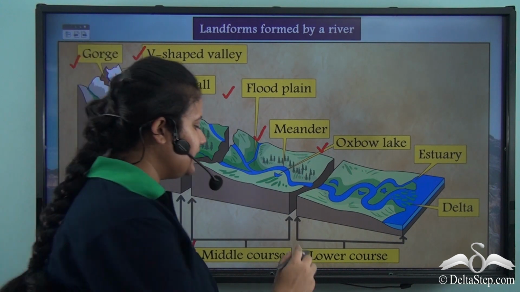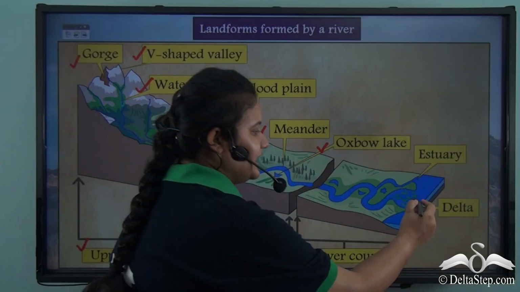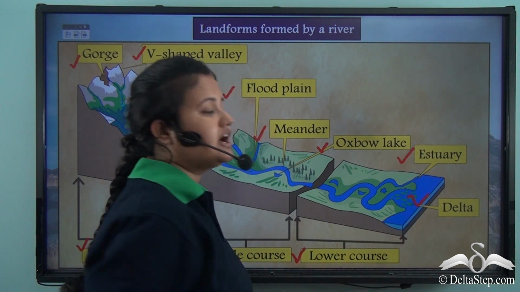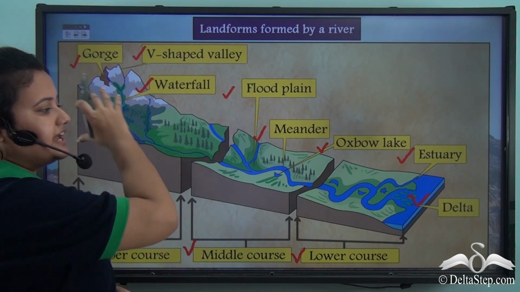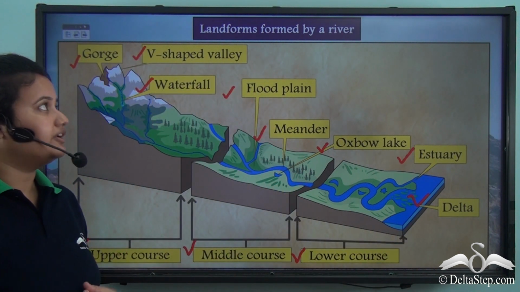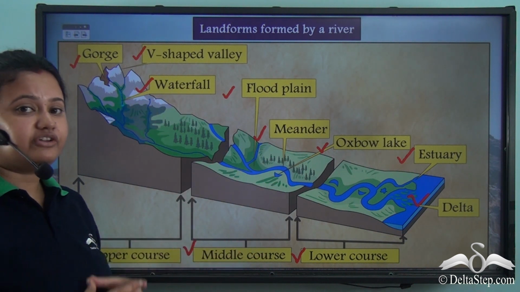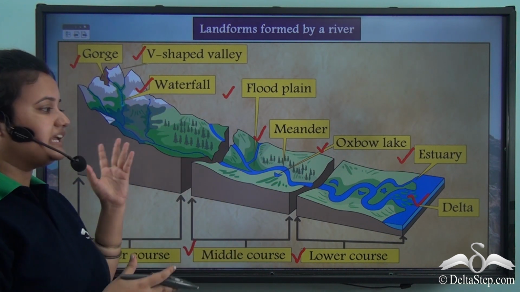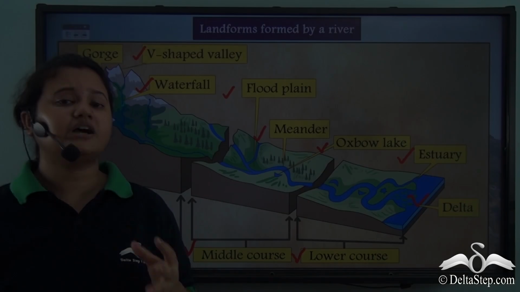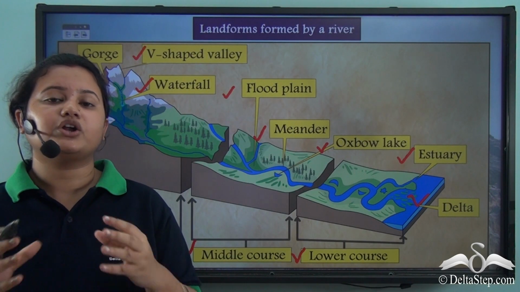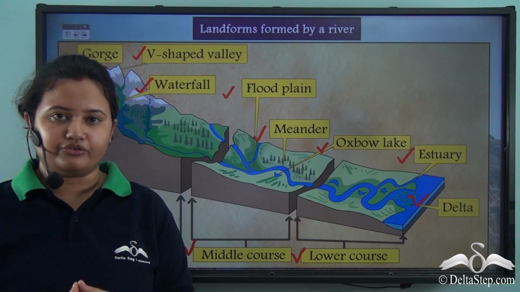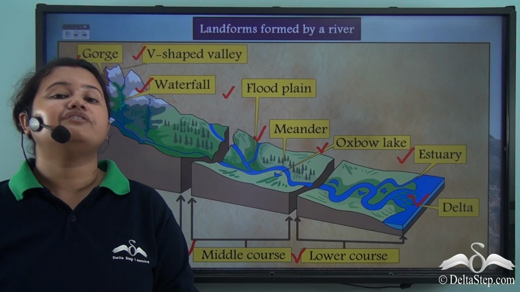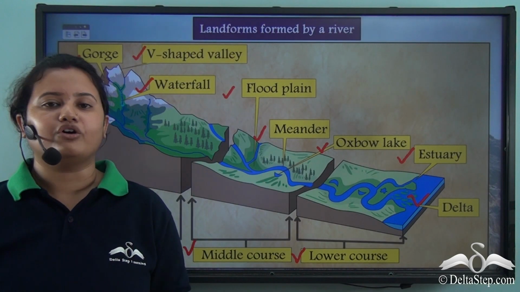And finally, in the lower course, deltas and estuaries are formed. So this is the entire journey of a river and the landforms or features produced by a river in each stage. Now just like a river, a wind also erodes the land surface. So in our next video, we will read about the work of a wind.